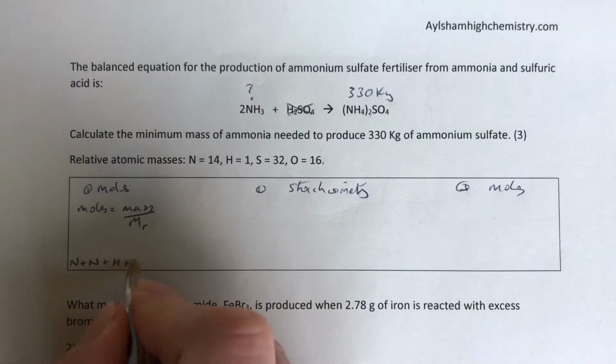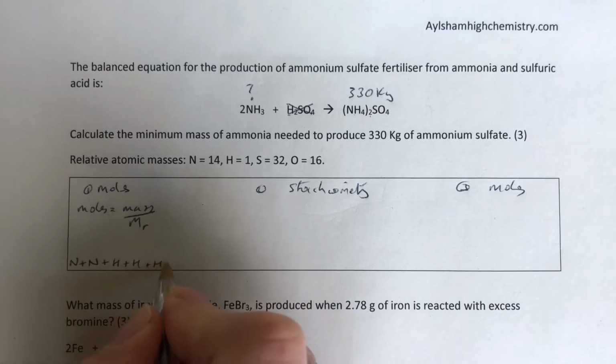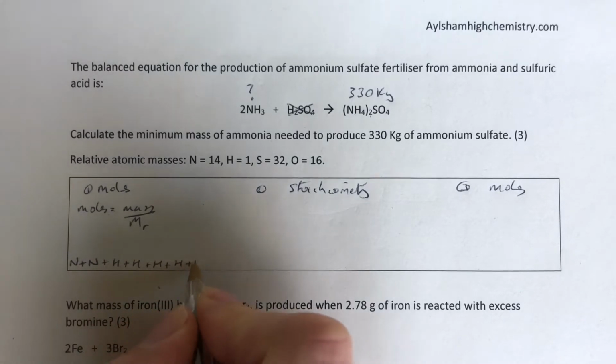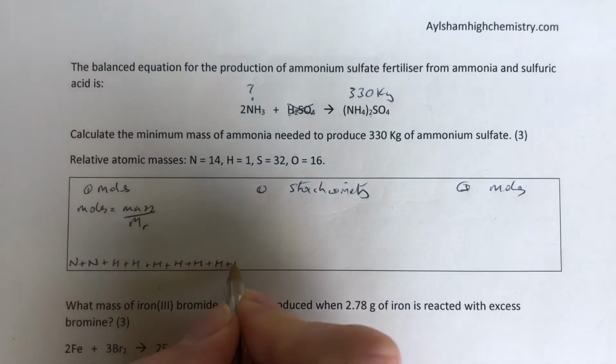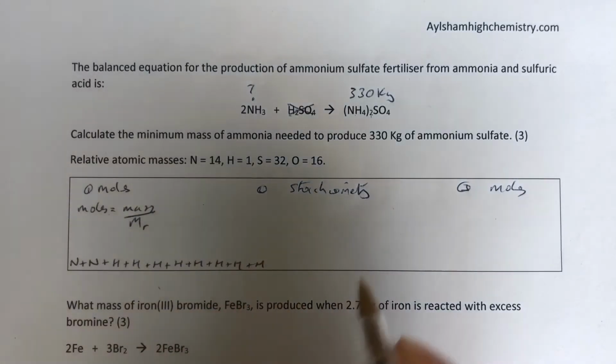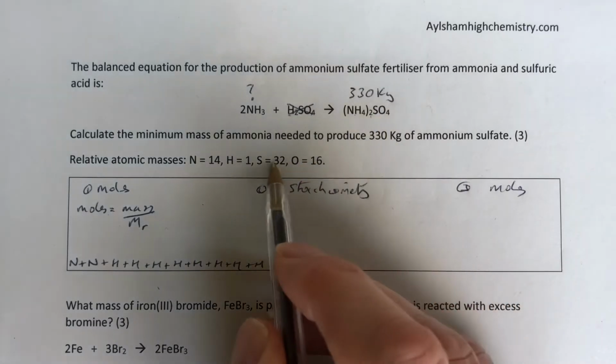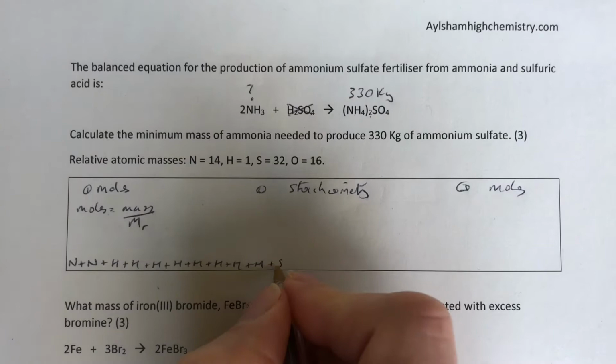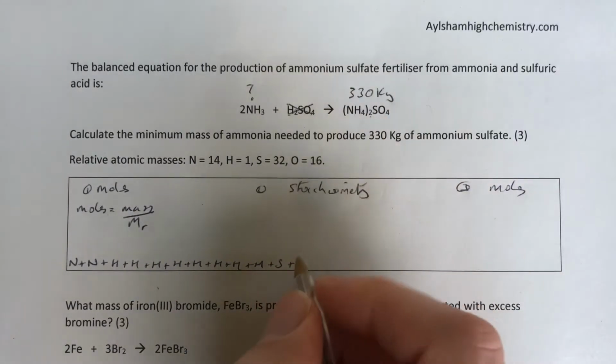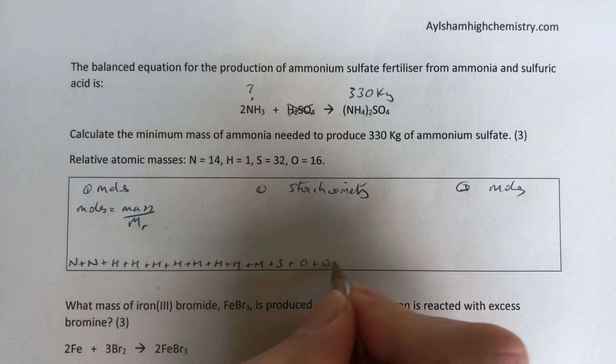Plus 8 lots of hydrogen. Now here we've got our sulfate, so I've got 1 sulfur. There's no number after the sulfur, so there's 1. So plus sulfur. And then we've got 4 oxygens to finish. O plus O plus O plus O.